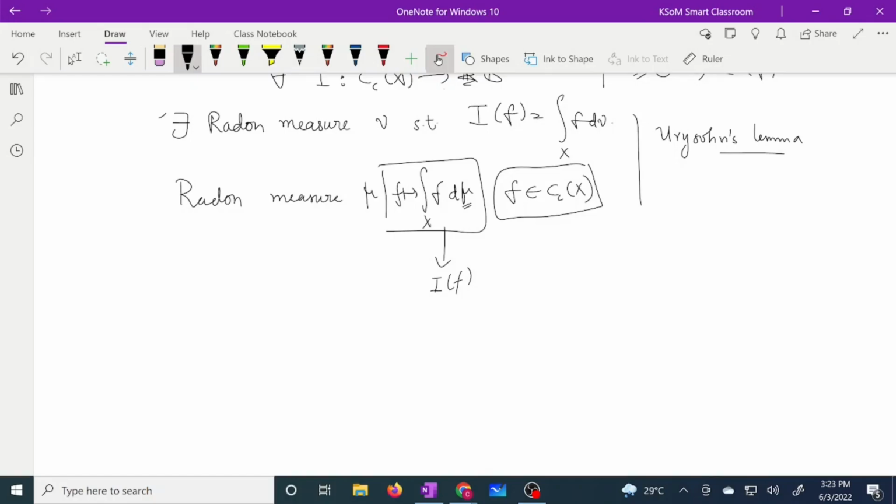Sorry, if you use Urysohn's lemma, what is Urysohn's lemma in the case of locally compact groups?